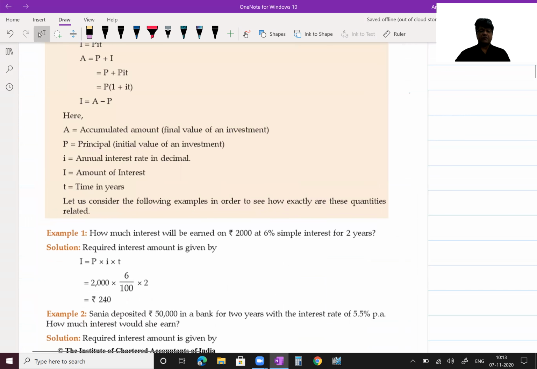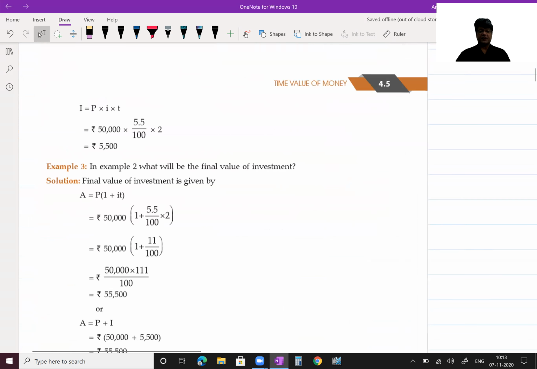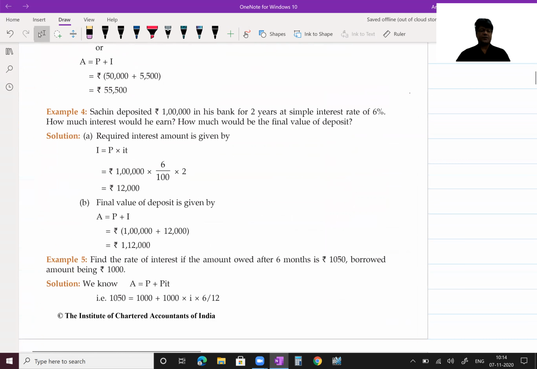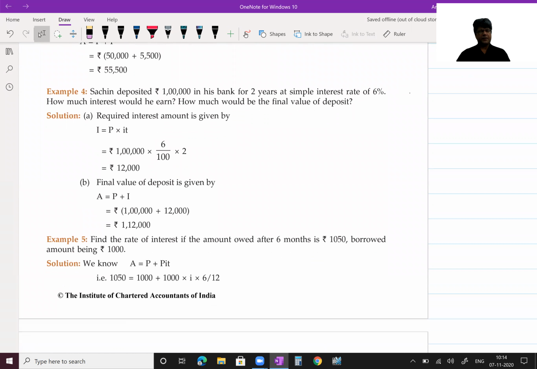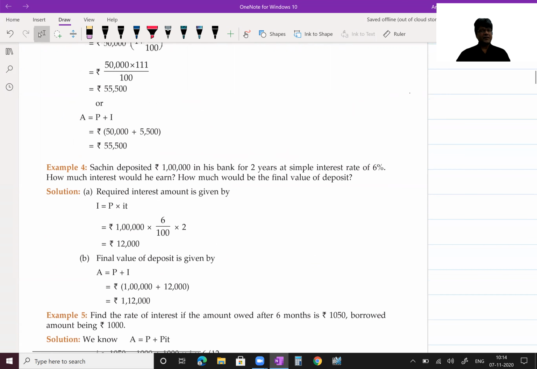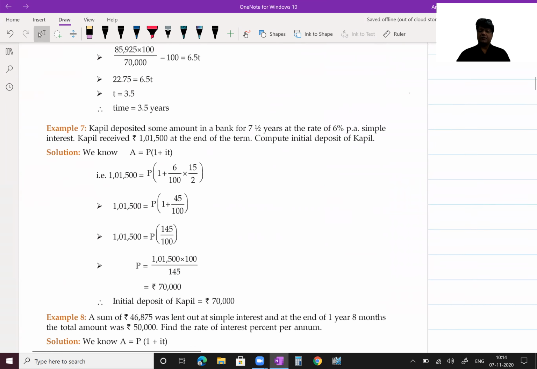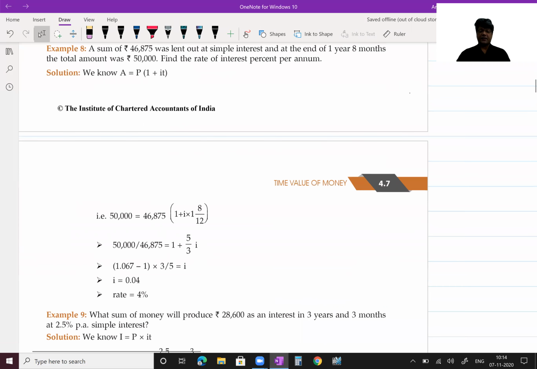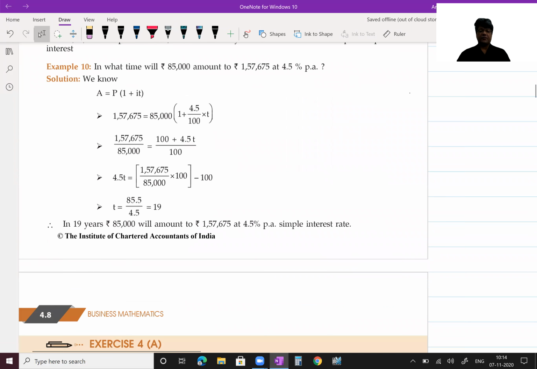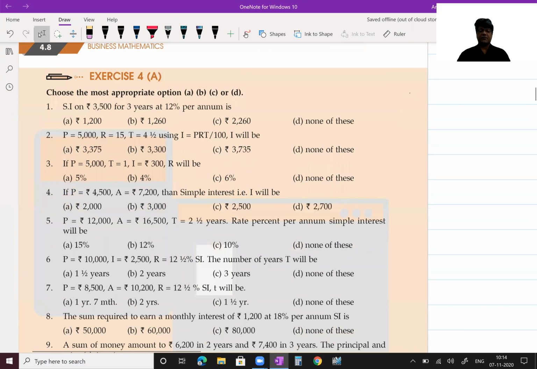All these example questions, even if very easy, you must do. Solution is available here, so you can see, and if you do not understand any solution, then send me the page number and the concerned question number. Obviously, I will include that in the doubt video, as I have told you several times.